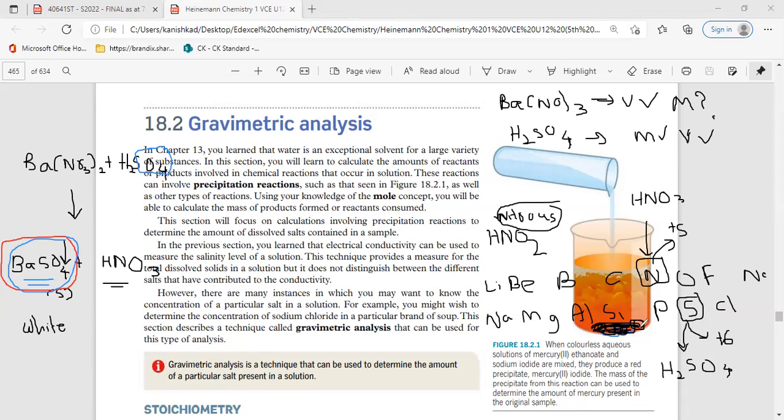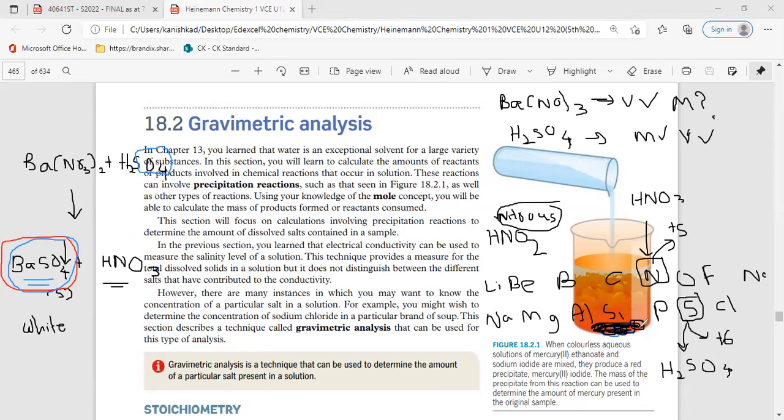So we take the barium sulfate precipitate, we filter it, we then dry it, we should assure it is clean, and after it reaches a constant mass, we weigh it.